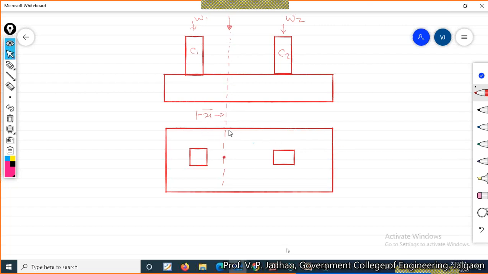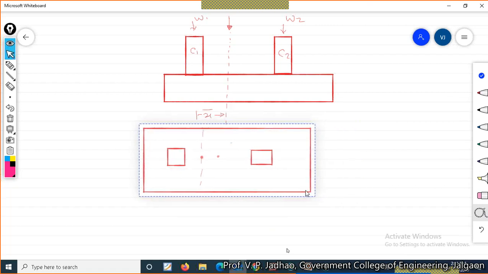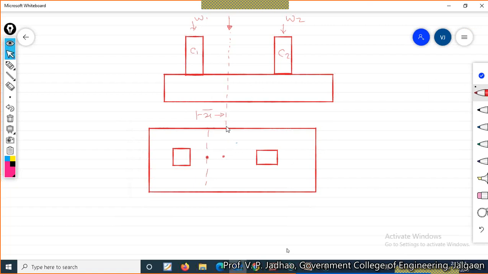So the centroid of this footing area will be somewhere here, right? So we will just be moving this particular footing in this fashion. Okay, so now the centroid of this footing coincides with the centroid of this particular load.